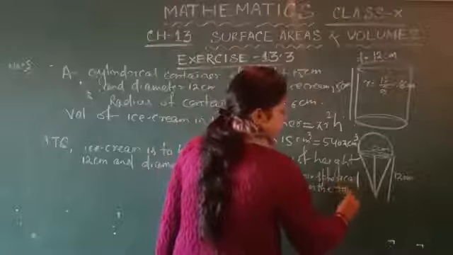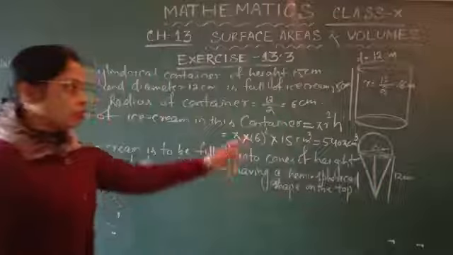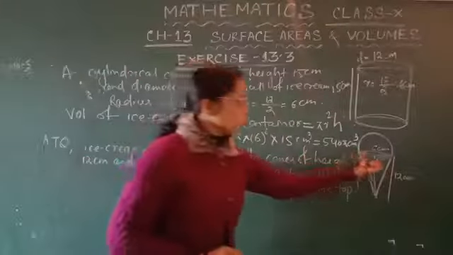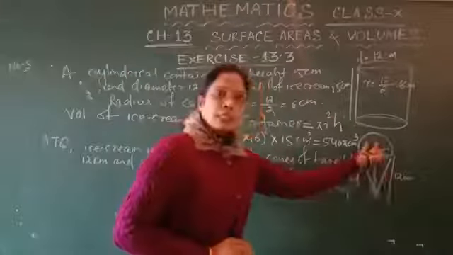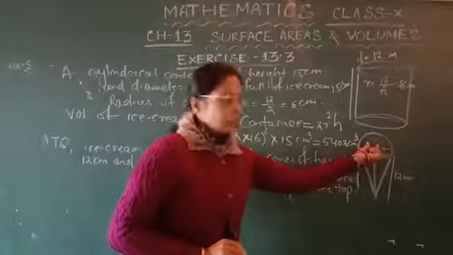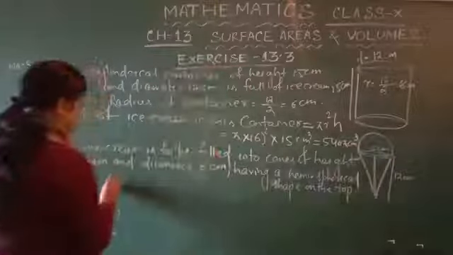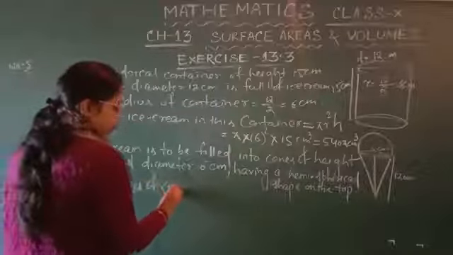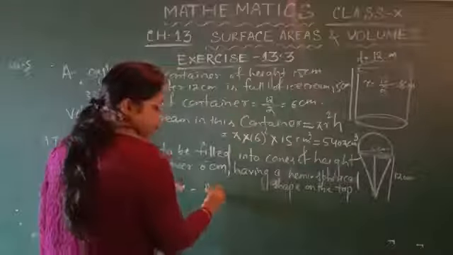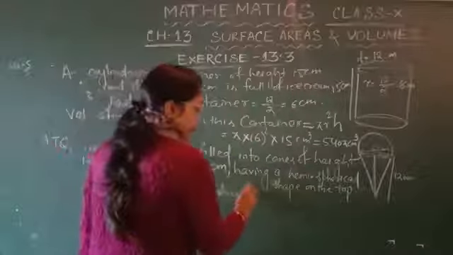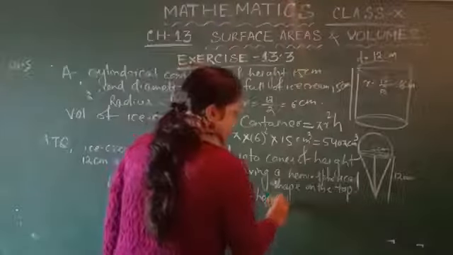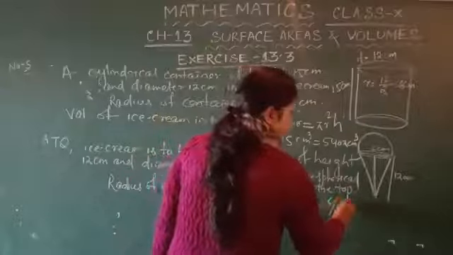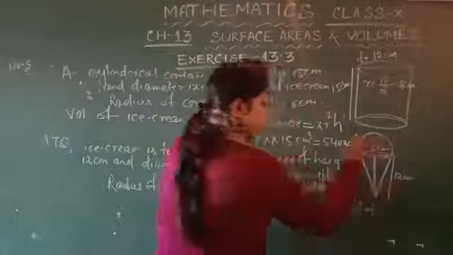So that means height is 12 centimeter for this cone, and the radius of the cone is also equal to the radius of the hemisphere. So the radius of the cone is equal to the radius of the hemisphere, that is 6 upon 2, that is 3 centimeter.